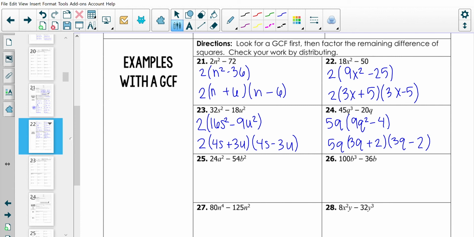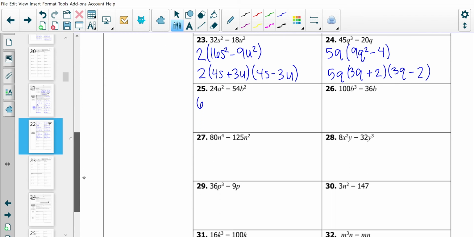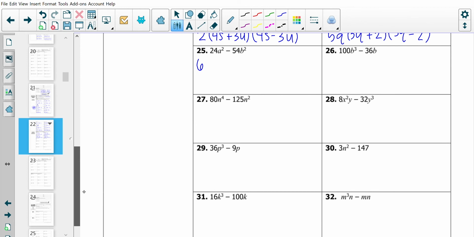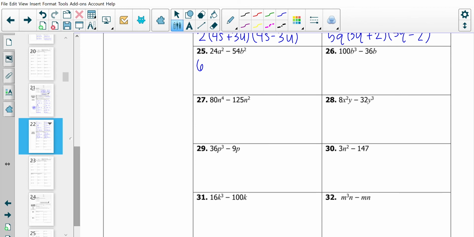25. I can take 6 out of both of these, but my variable is not the same, so I cannot take either variable out. So when I take the 6 out, I'm left with 4a squared minus 9b squared.